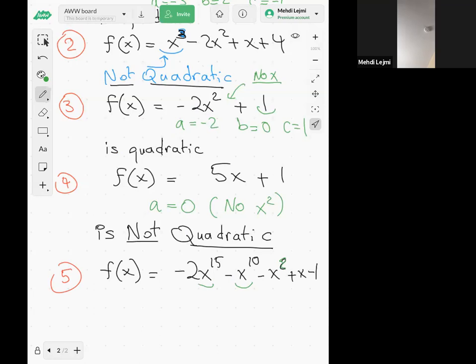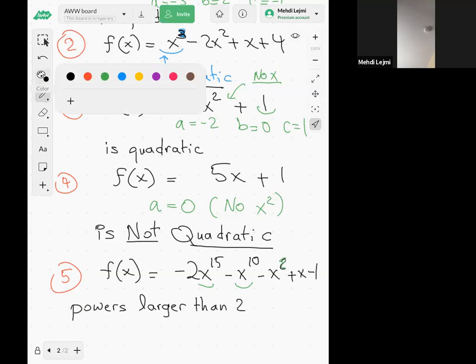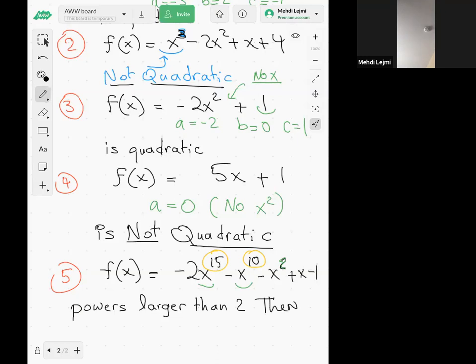So if you have a power larger than 2, then your function is not quadratic.